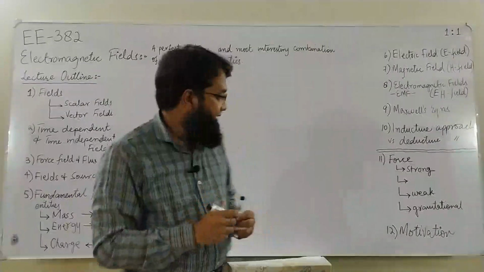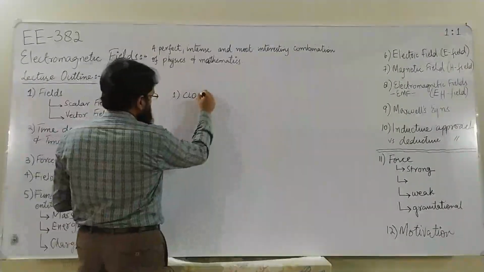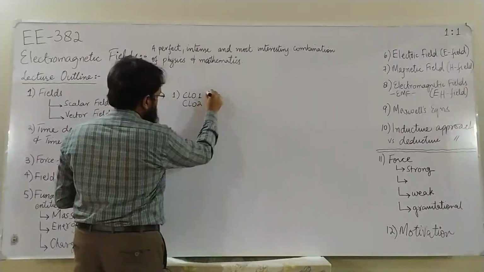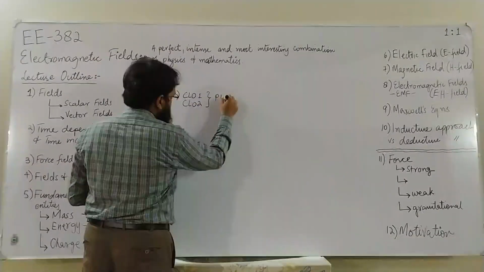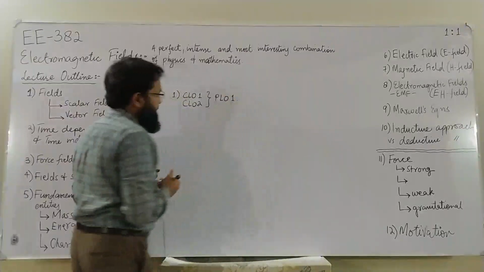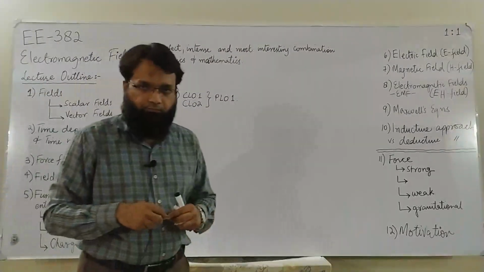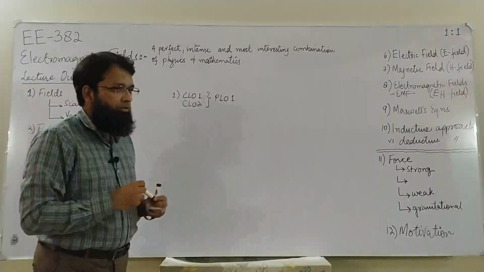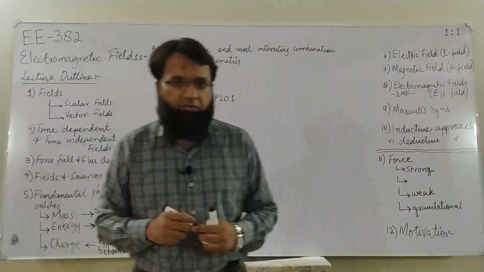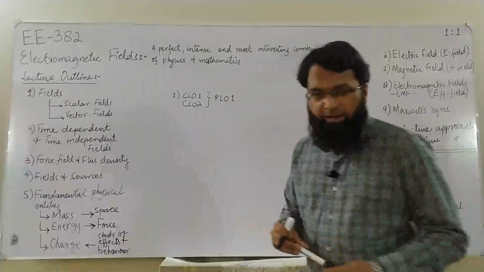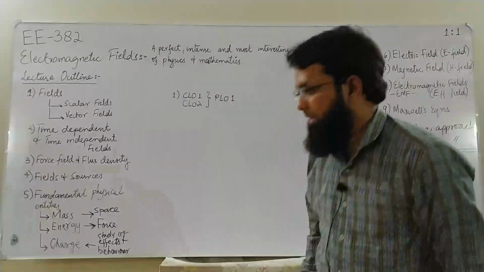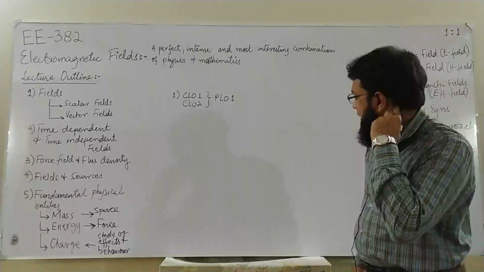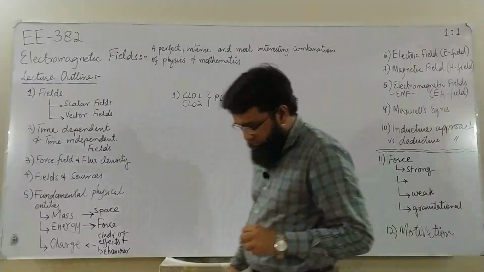I would like to just point out that there are two CLOs, CLO1 and CLO2, and both of these CLOs are related to PLO1. Since you are fourth semester students, I'm sure that you all know the meaning of all these CLOs and PLOs, so I'm not going into much detail about what CLO and PLO means.